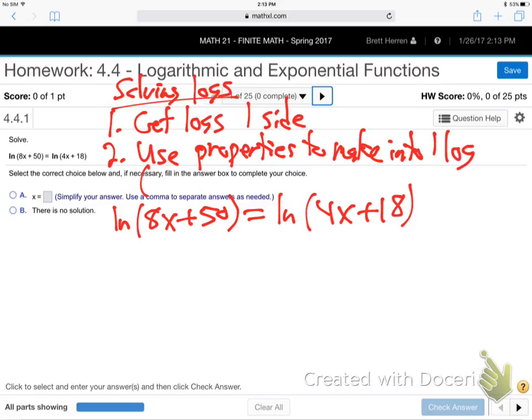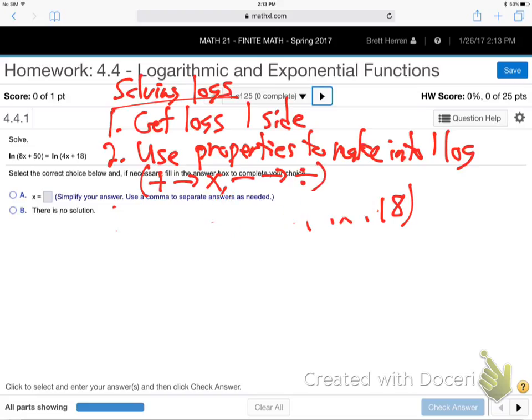Now, what do I mean by properties? Adding becomes times, right? Those three properties we just looked at. Subtraction becomes divide. And then step three. Lose the log.